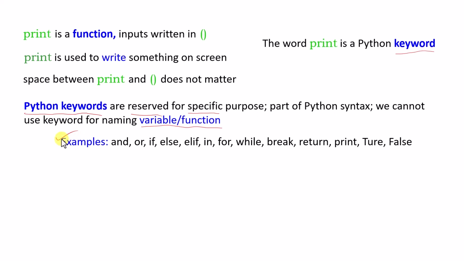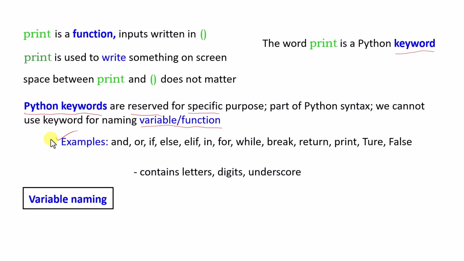So in Python, how do we name variables then? We follow few simple rules. Rule number 1 is, of course, as we have already known, not to use keyword. Variable names contain letters, digits, and underscore. The name, however, cannot start with a digit.